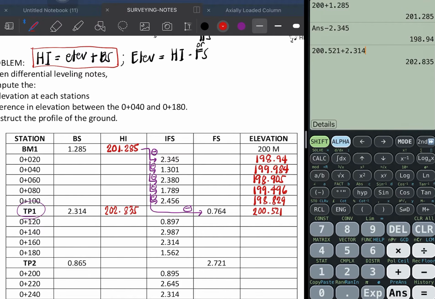So you now have your turning point 1. Next, subtract your intermediate foresight: 202.835 minus 0.897, that is 201.938.